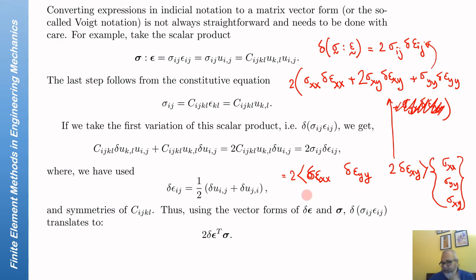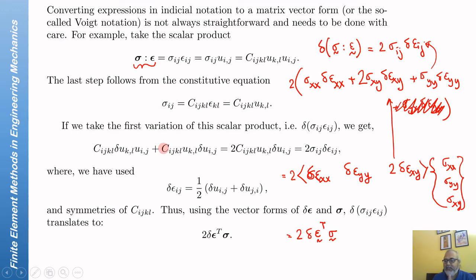Okay, so this is 2 times delta epsilon transpose sigma, not just delta epsilon transpose sigma, as you might think when you look at this expression. It's tempting to write this as delta epsilon times sigma, but this 2 comes out correctly because we have gone through this rigor.